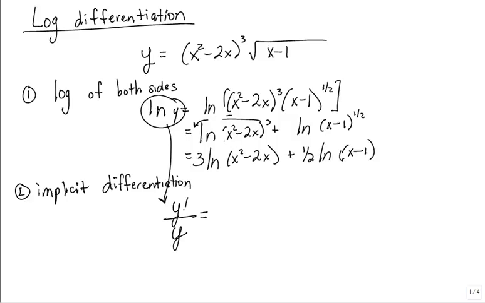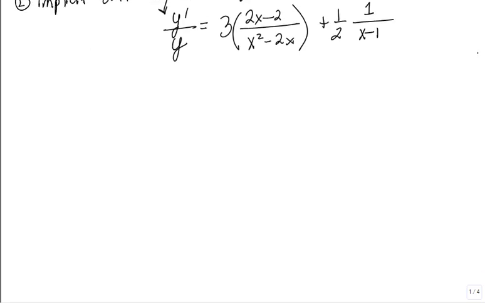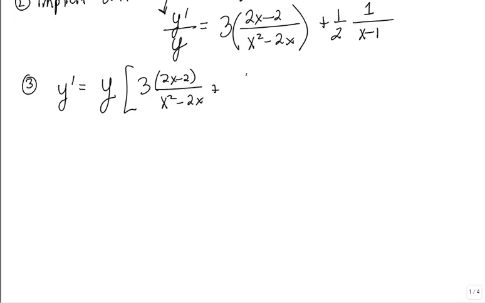Implicitly, y is a function of x. The derivative of this is 3. The function goes on the bottom, and the derivative of the function goes in the numerator. We multiply both sides by y. And then we replace y with the original function.